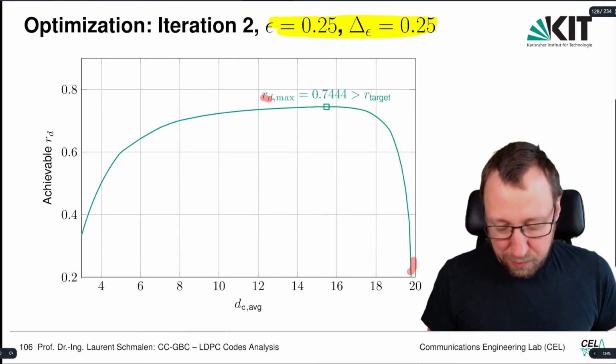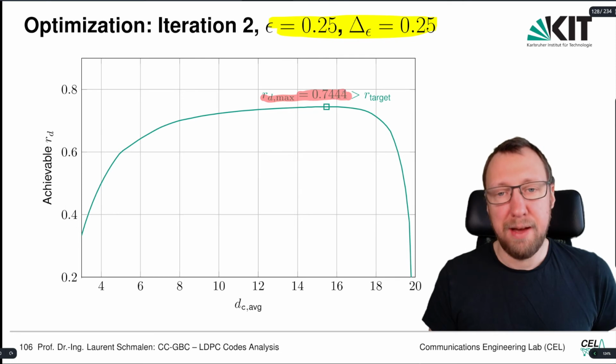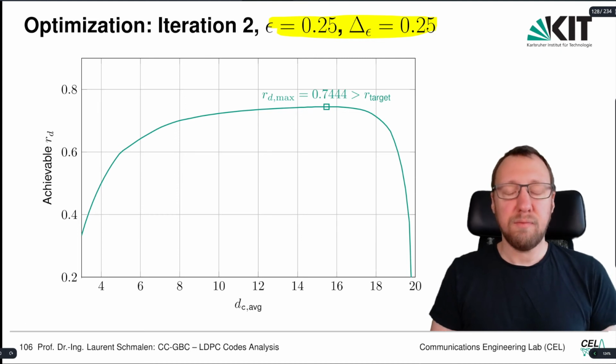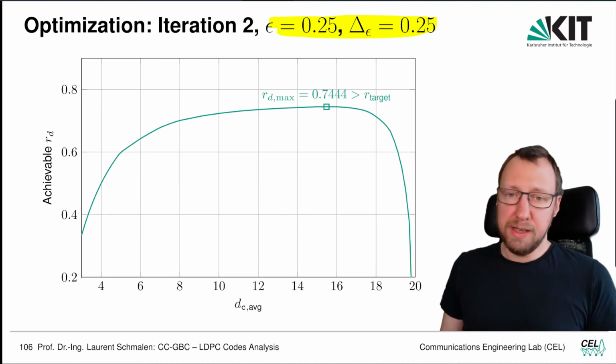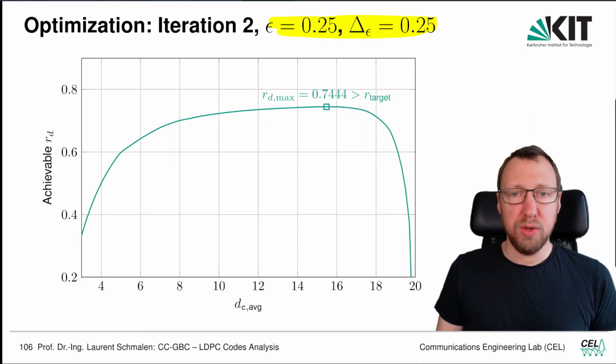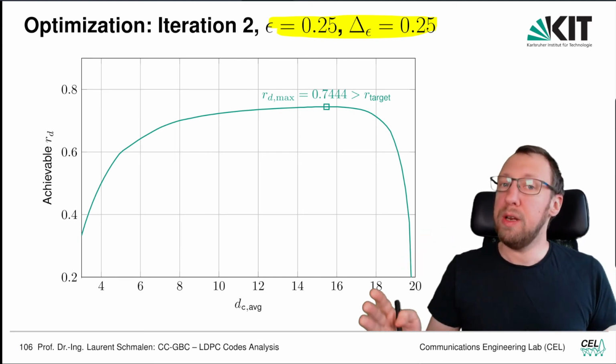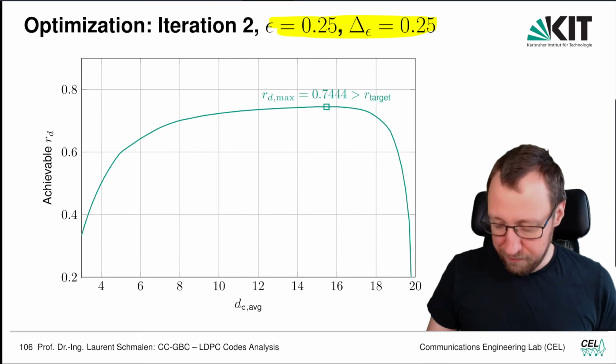We have a maximum rate of 0.7444, and that's larger than our target rate. So now our channel is too good. We can fit a very high rate code into it, so we need to worsen our channel a little bit.